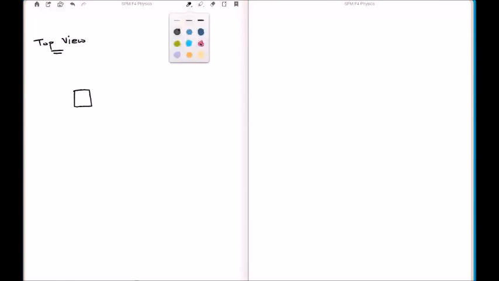This box is pulled by one person to the right, 12 Newton, and then another person pulling it over the left hand side, 8 Newton.